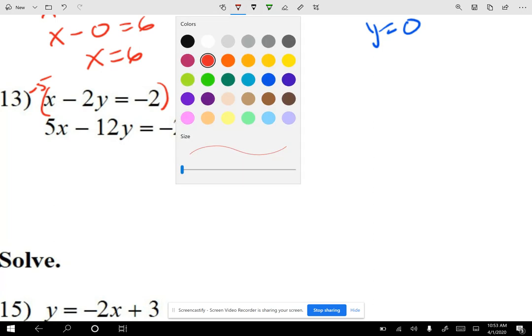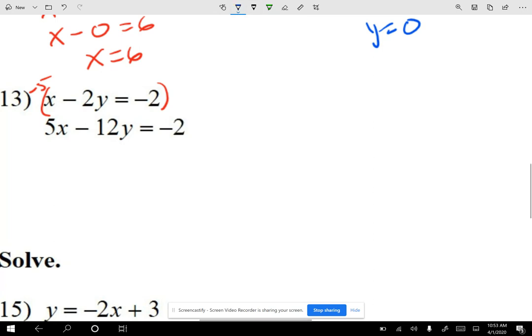I'm going to cancel out the x's. So I have negative 5x plus 10y is equal to 10. The second equation, let me copy it as it is: 5x minus 12y equals negative 2. I know the x's cancel out.